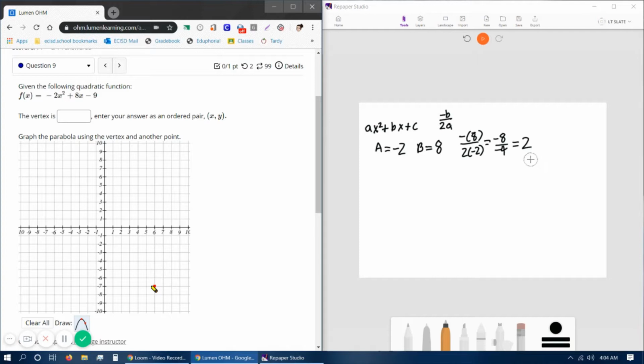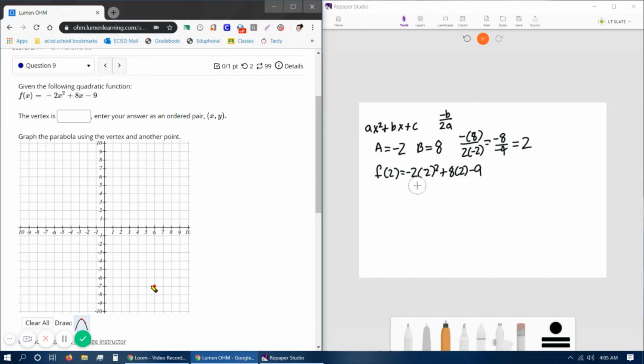Now I can plug 2 in for x and evaluate the function to find the y-coordinate of the vertex. I'll set this up as f of 2 equals negative 2 times 2 squared plus 8 times 2 minus 9.